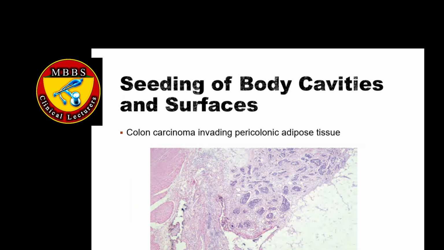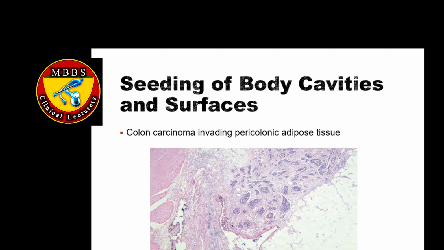Coming to the seeding of body cavities and surfaces: colon carcinoma invading pericolonic adipose tissue. This is one of the examples in this picture. As you can see, the seeding of body cavities can occur; this is a body cavity. You can see lots of fatty tissue over here, and these are the tumor cells which are invading the surrounding tissue outside the colonic wall.